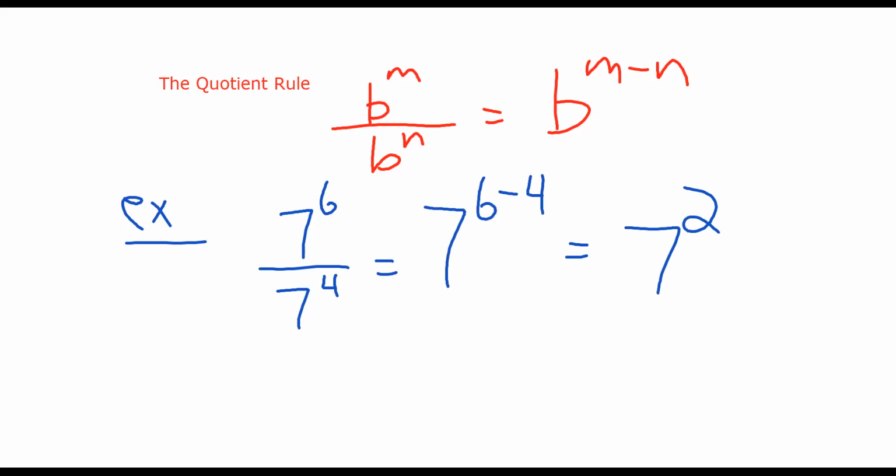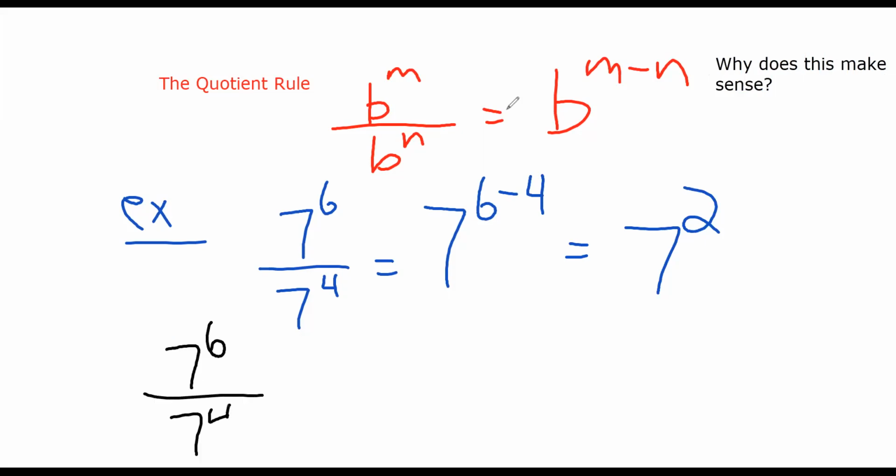Why, again, always, why does this make sense? Well, 7 to the 6th divided by 7 to the 4th, let's use a different color. 7 to the 6th on top there is going to be 7 times 7 times 7 times 7 times 7 times 7, 6 total times.